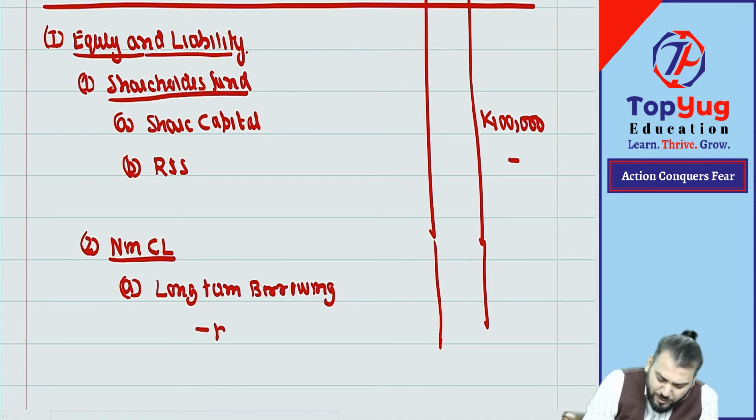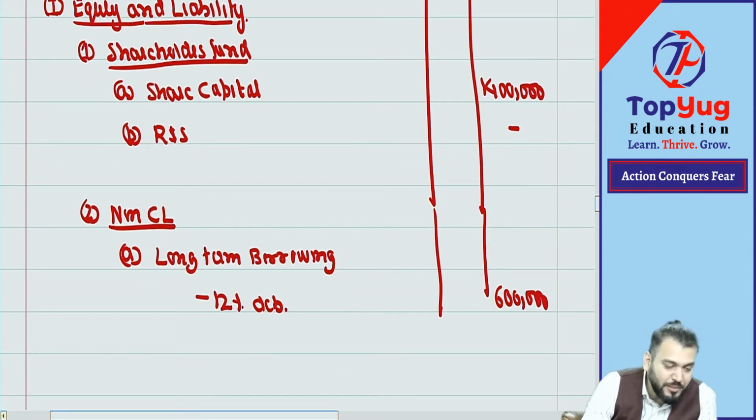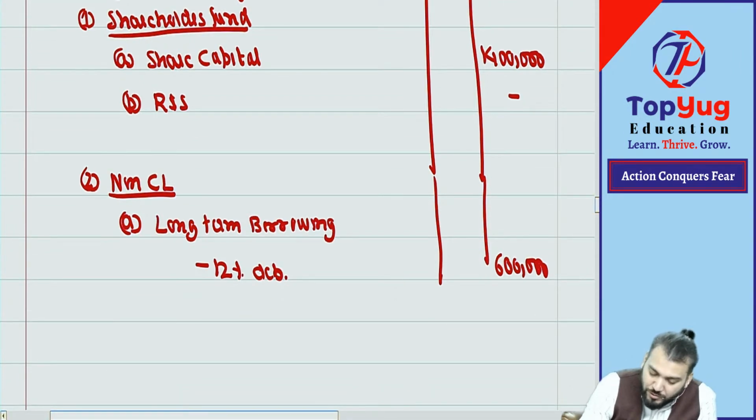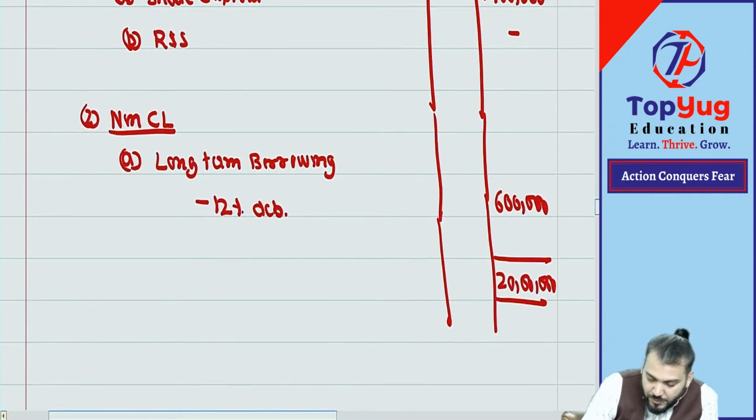So you can write down here only 12% debenture. How much? 6 lakh. Correct. Then Bank of India closed, interest closed, creditors are closed. Only these two. And it will become total how much? 20 lakh. Okay, sir.